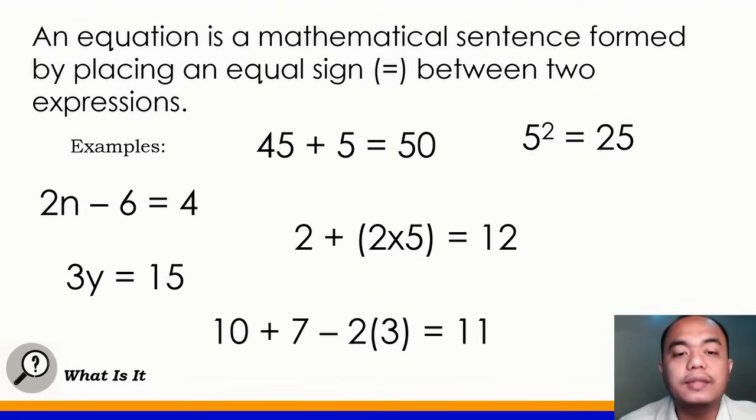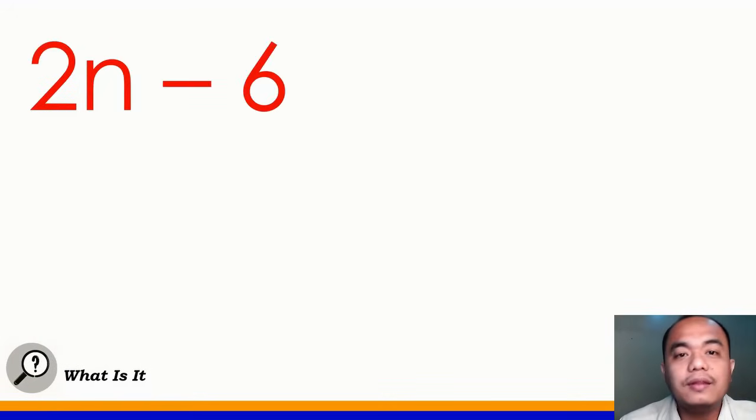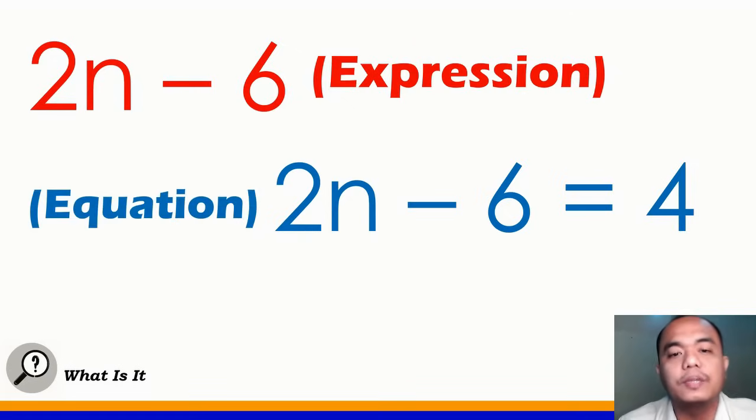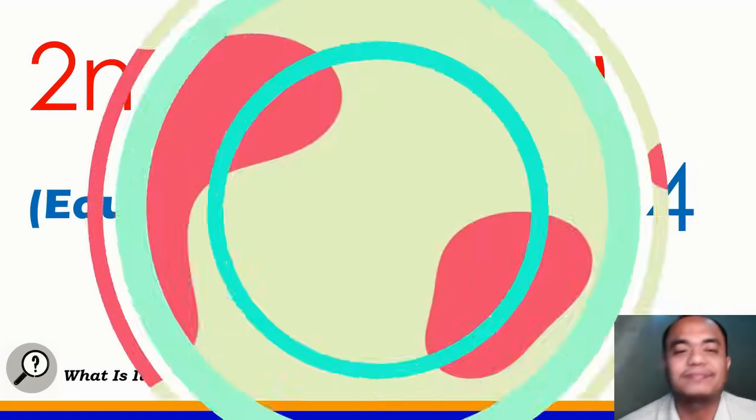And also this one, n plus 7 minus 2 times 3 equals 11. All use an equal sign. You notice? So these are all examples of equation. So again, let's go back to our previous example. 2n minus 6 is an expression. And 2n minus 6 equals 4 is an equation.